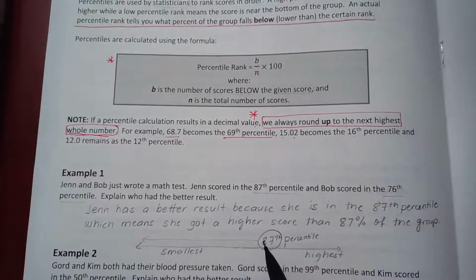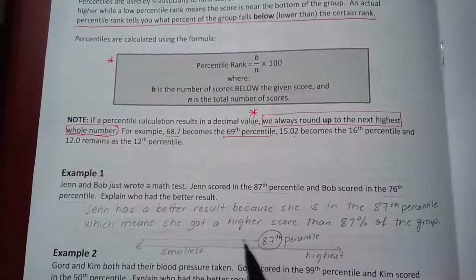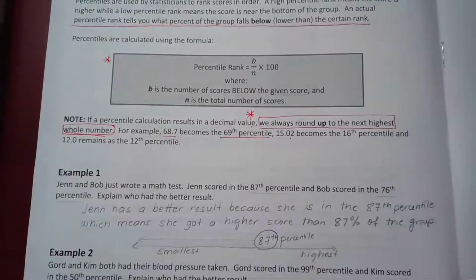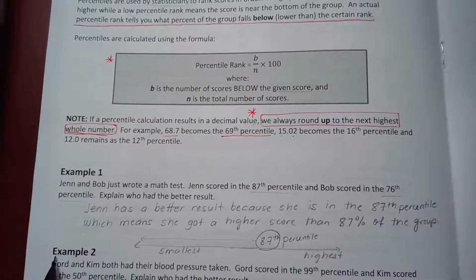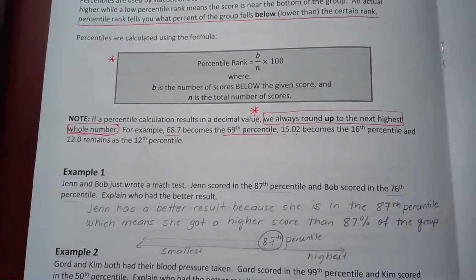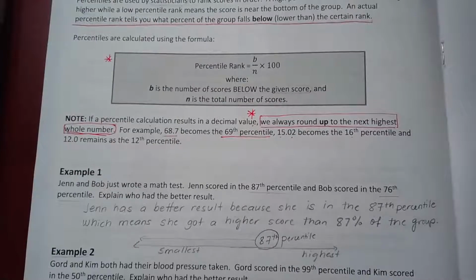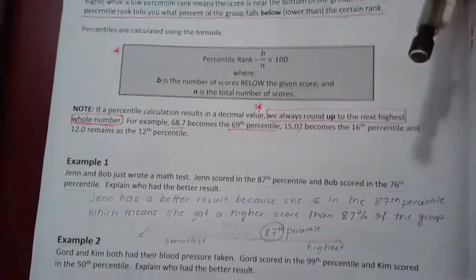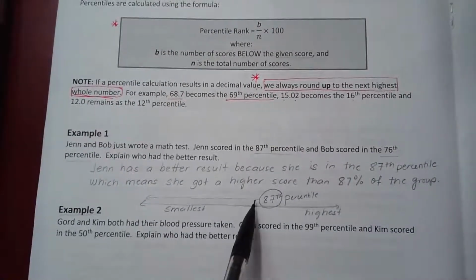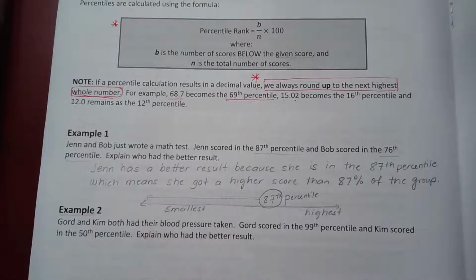Or you can say she got higher than 87% of the group. So that's what it means. It tells us how many fall below the given score. So how many percent fall below? That's 87%.